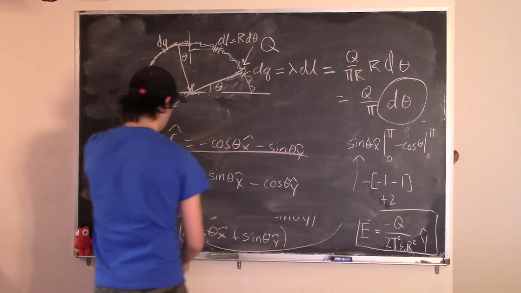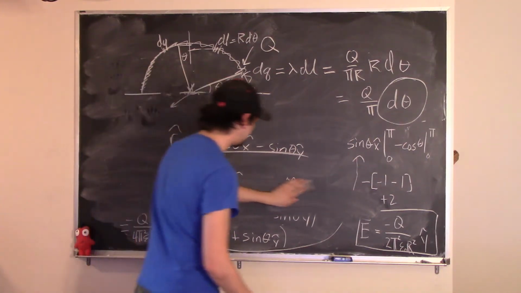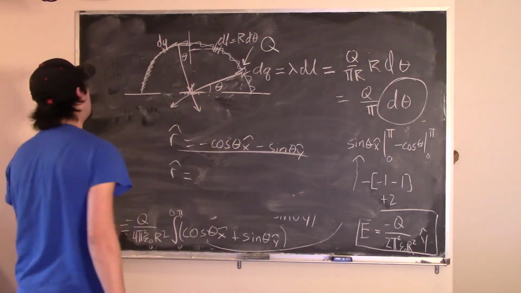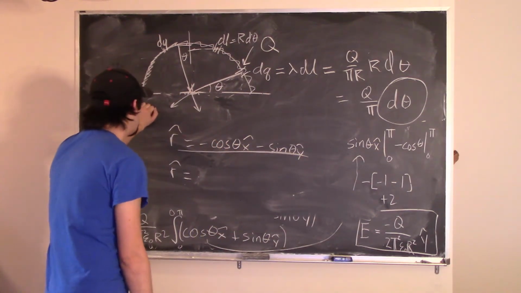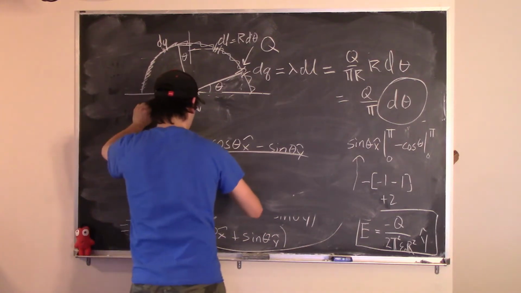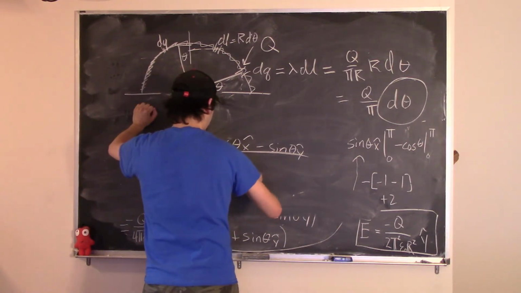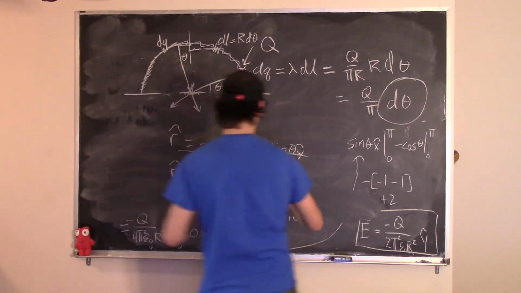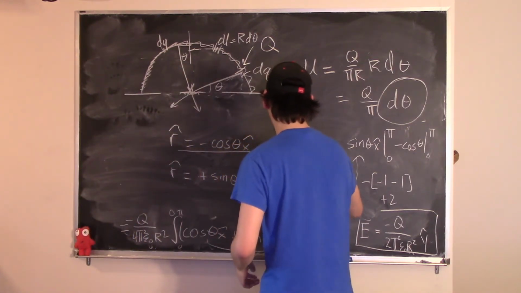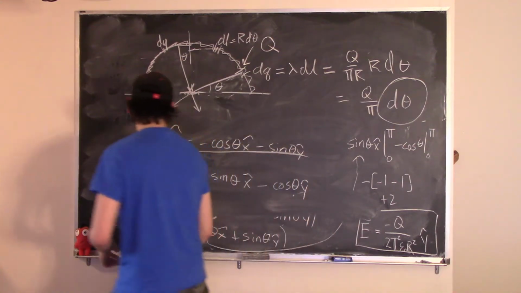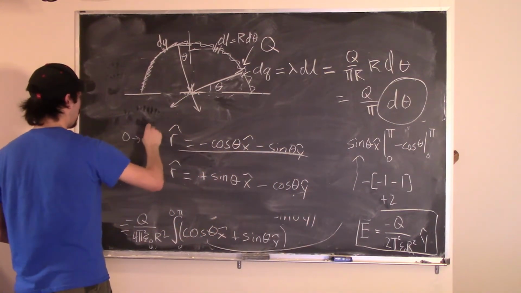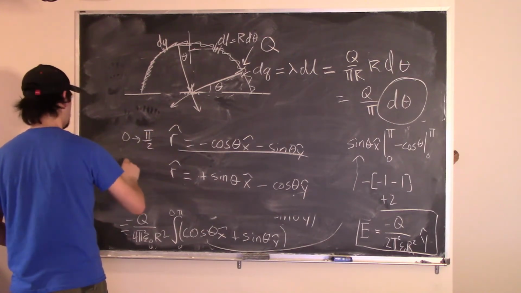Oh, this should have been an x to start with. The second r hat, if I wanted to do that, would be a plus sine of theta x hat, and then a minus cosine of theta y hat. And then the limits for integration for this one would be 0 to pi over 2, and this actually would also be 0 to pi over 2.